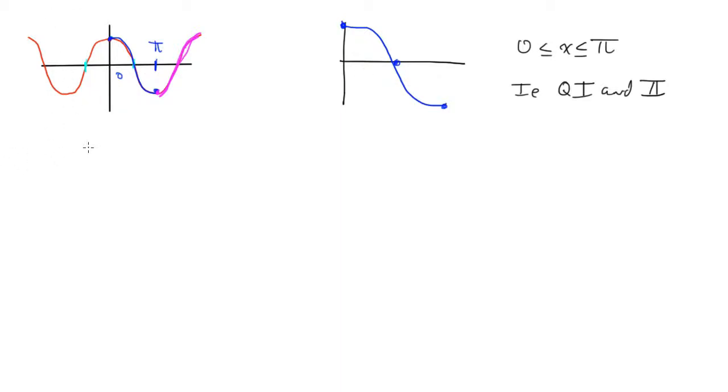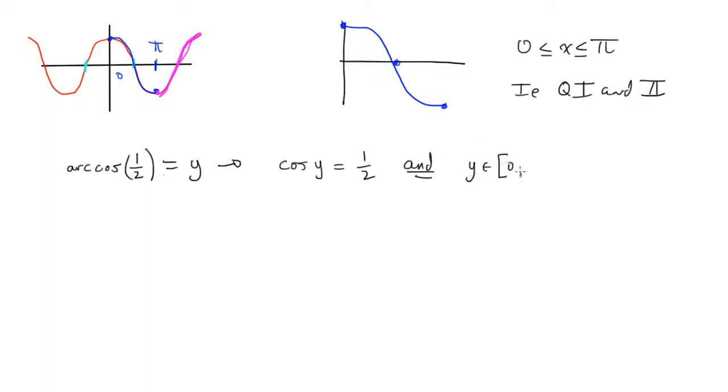Okay, so let's take a computation with cosine. Suppose I'm asked, what's the arc cosine of 1/2? Let me call this answer y, since I have no idea what it is. Arc cosine equals y means that cosine of y equals 1/2, and that y needs to be between 0 and pi.